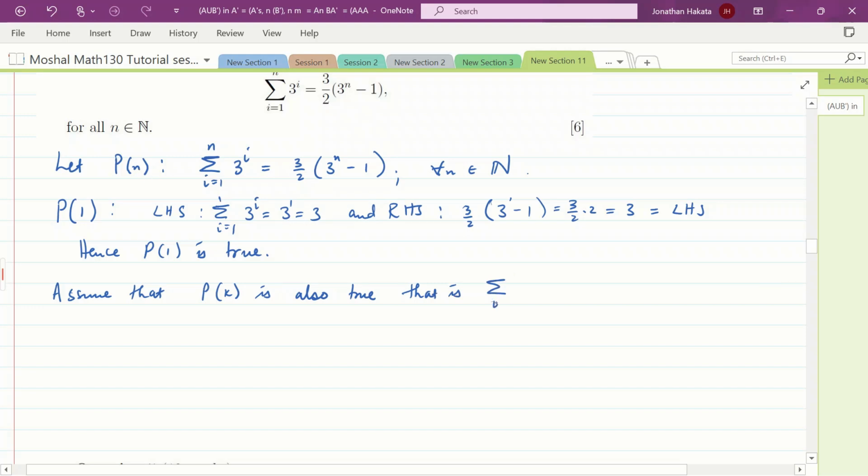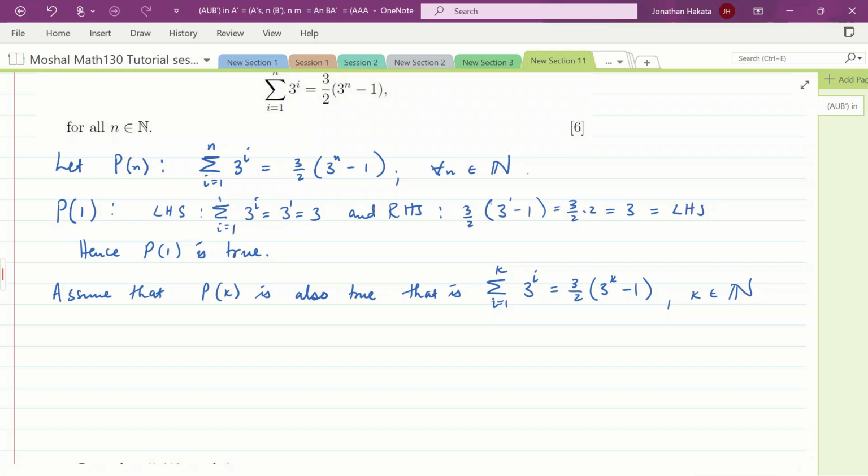So summation from i equal to 1 up to k of 3 to the power i is equal to 3 over 2, 3 to the k minus 1 for some k element of natural numbers. For some integer k.